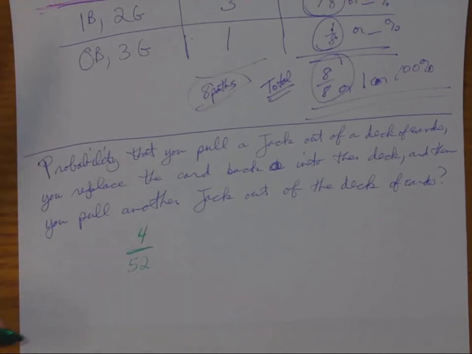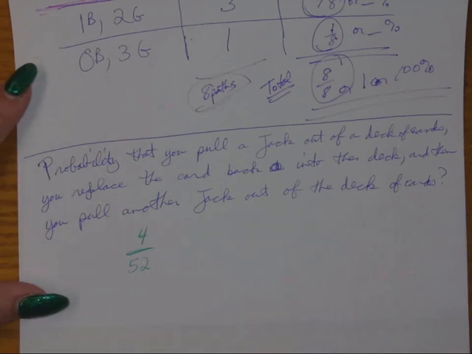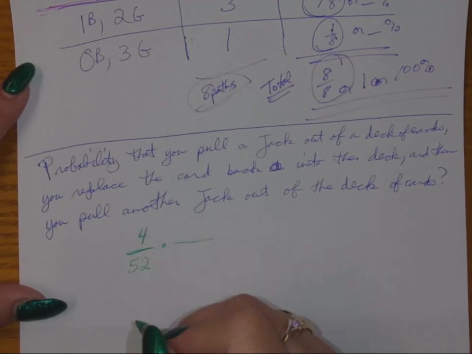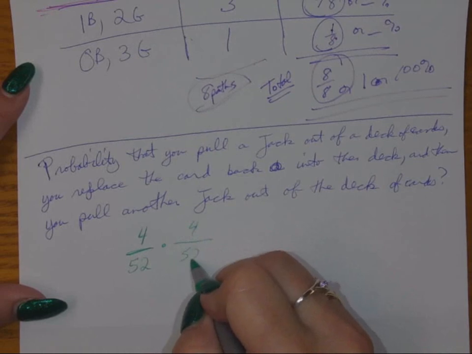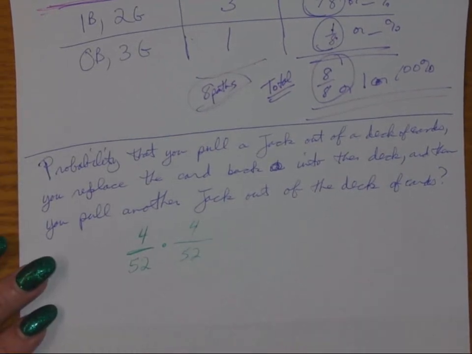Did that change the probability? How many cards are in that deck? 52 still, right? I replaced it. So with replacement, that's what it's called, I didn't change the probability at all. So what's the probability of pulling the second jack? It's still 4 out of 52, right? I didn't change the probability at all.